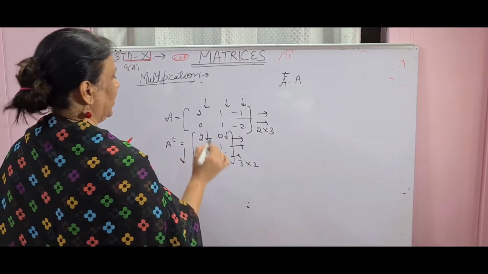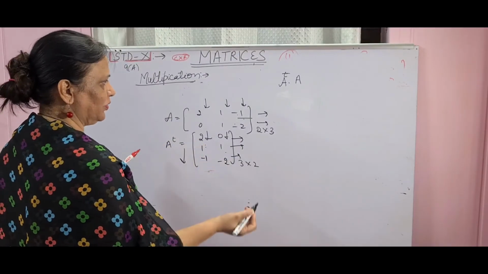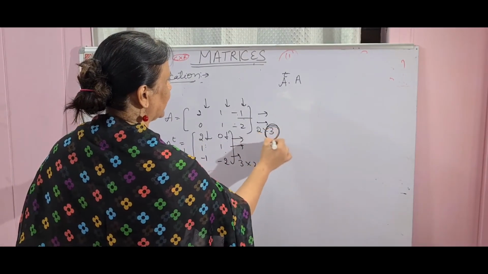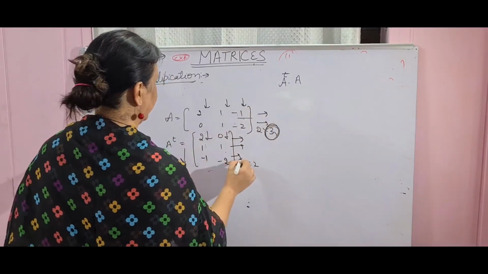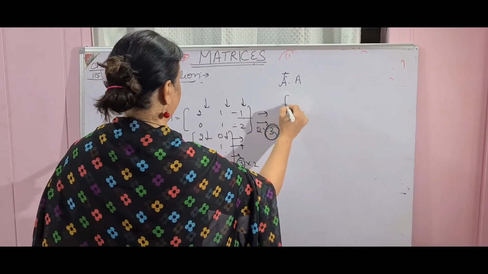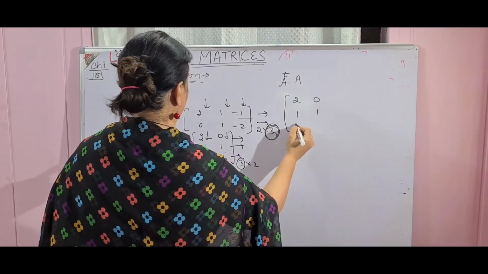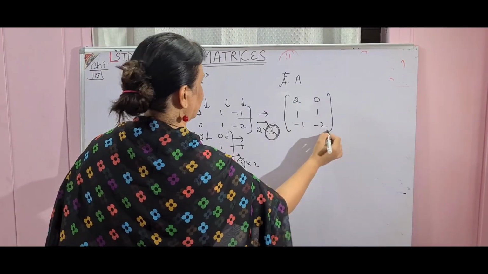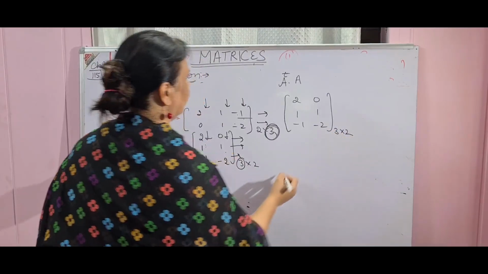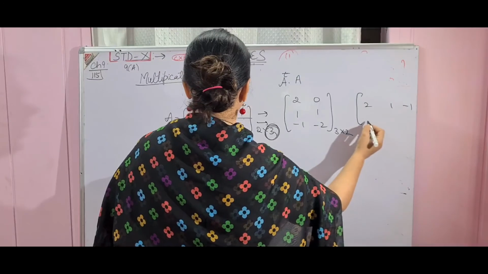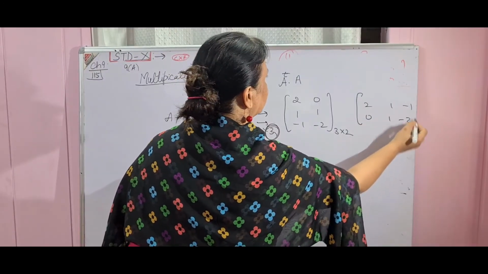Now, is multiplication compatible? Yes, of course, children. Why? Because number of columns of first matrix, that is A transpose. You write here for your comfort. I'll write it again. Minus 1, minus 2. This is 3, 2. And A is given to be 2, 1, minus 1, 0, 1 and minus 2.